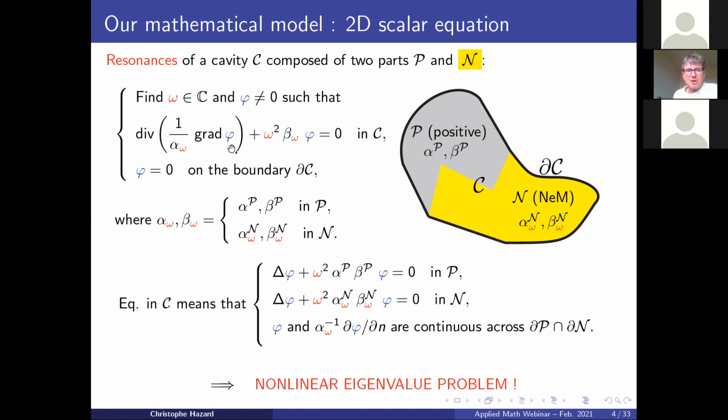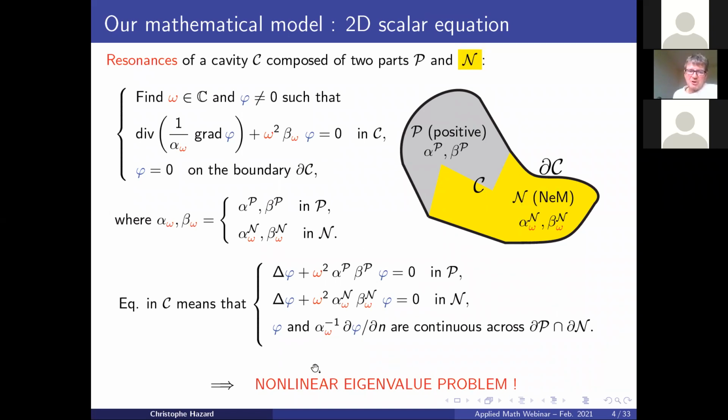And I just have to mention that this equation here is a condensed form for writing actually two Helmholtz equations. One Helmholtz equation in P with this coefficient here, and another Helmholtz equation, which is the same, but with the alpha and beta replaced by these alpha N and beta N. And these two Helmholtz equations are coupled by transmission conditions along the interface between the two media.